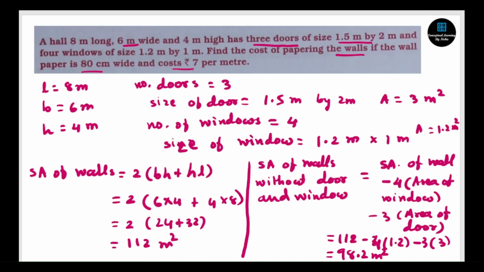So width of the paper equals 80 centimeter, right? Which equals 0.8 meter. See, all dimensions are here in meters, so that's why I have converted that.